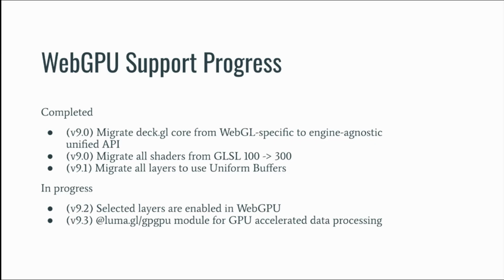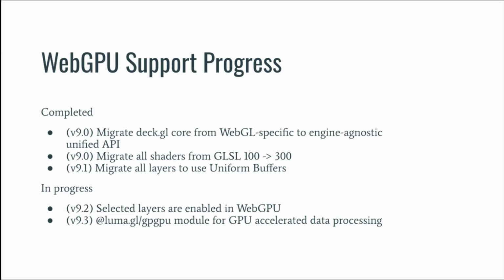So we're basically trying to expose the WebGL backend in a way that was more WebGPU friendly. We then followed this with updating all of the shaders in deck.gl from an older version of the shading language, GLSL 100, to GLSL 300, which is shifting from WebGL 1 to WebGL 2. In the process of doing this, we dropped support for WebGL 1 because it was just too much to handle.